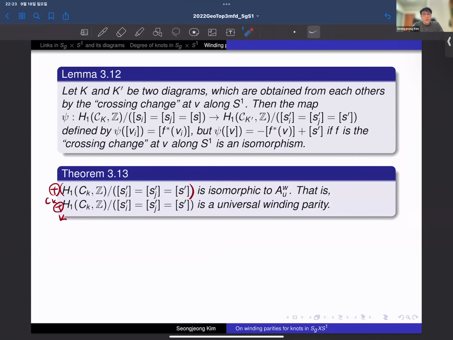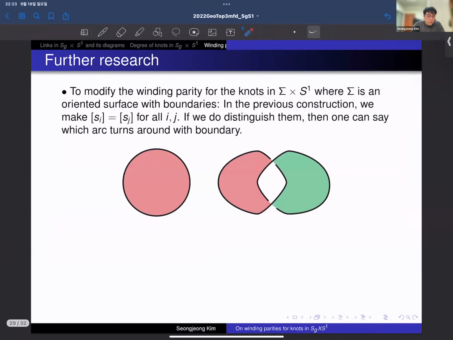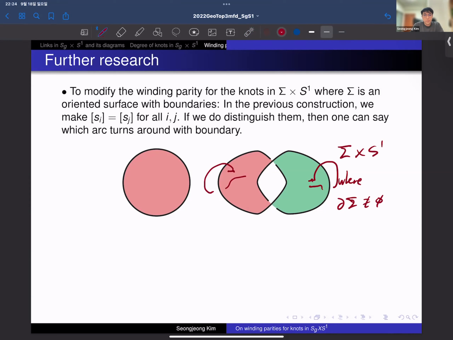But if we consider surface times S1, where the boundary of the surface is non-empty, then by distinguishing them, we may present that even if this part rotates around S1, we may distinguish along which boundary it rotates.